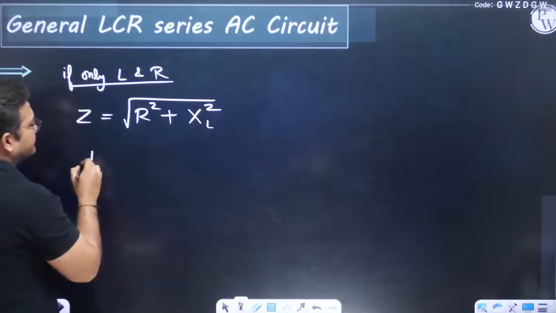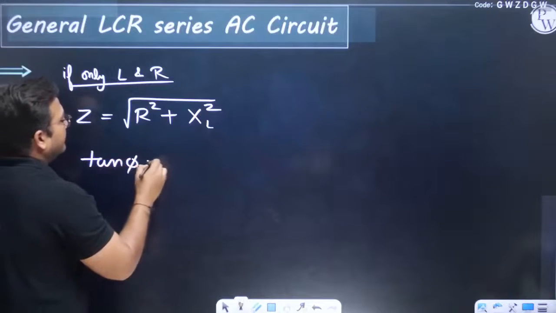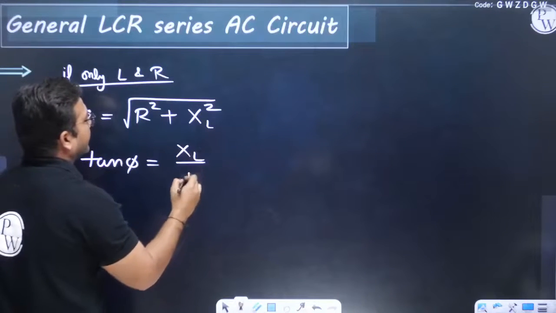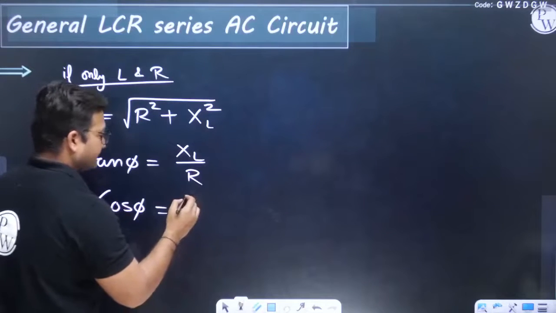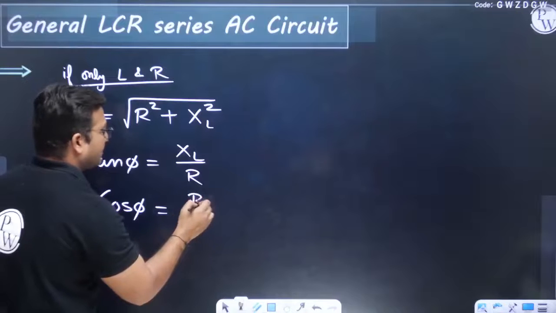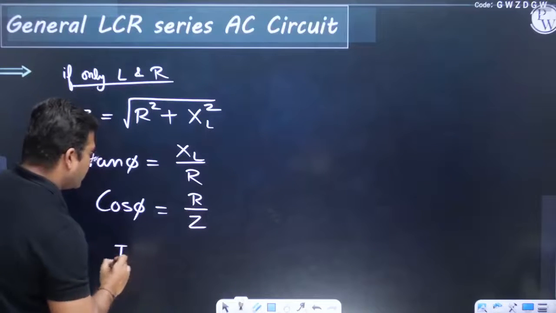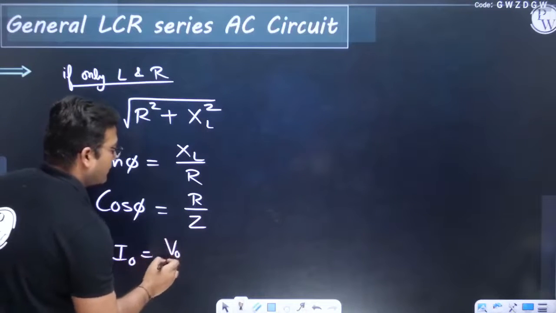Z is this. Tan phi is XL by R. Cos phi is R by Z, and I naught is V naught by Z.